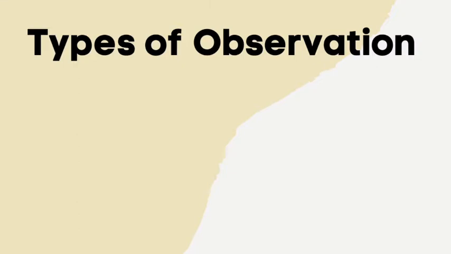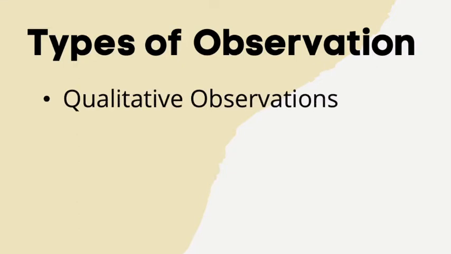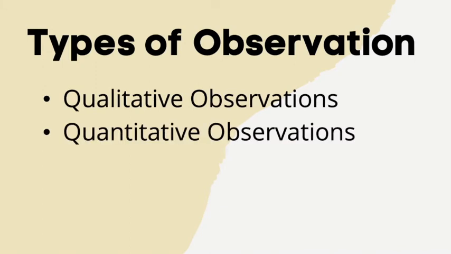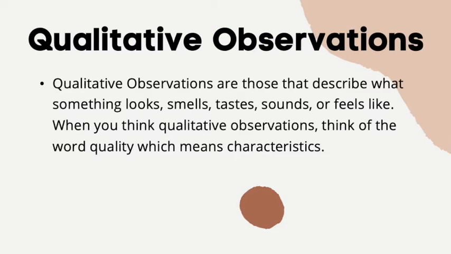Observation has two types. These are qualitative observations and quantitative observations. Qualitative observations are those that describe what something looks, smells, tastes, sounds, or feels like.